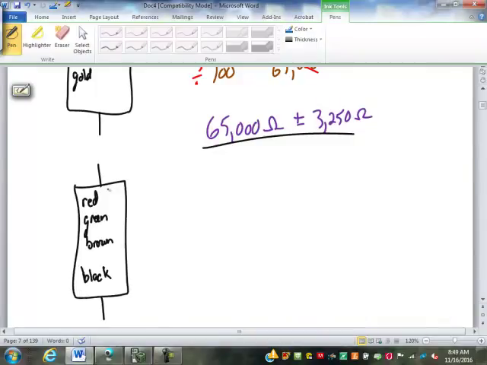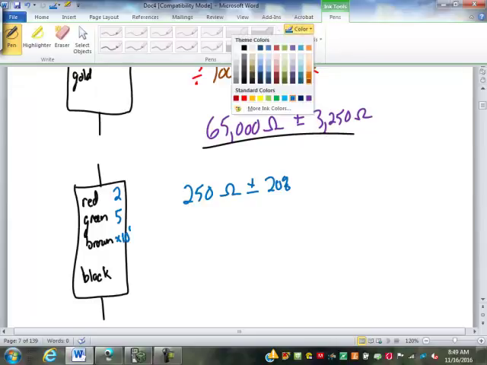So red is 2, green is 5, brown is 1. So it's times 10 to the first. That's 250 ohms. Black is plus or minus, careful, 20.